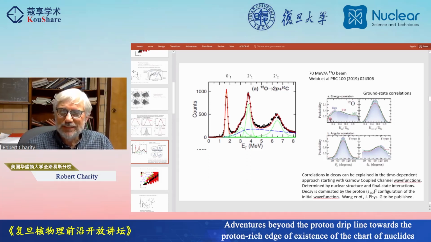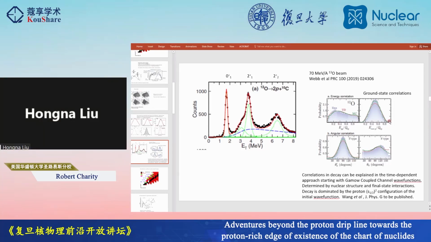In Simon Wang's calculations with the coupled channel model, basically what gets out are the s1/2 protons, because the p-wave protons have an extra centrifugal barrier which stops them coming out. So the distribution you see is the distribution you expect for emitting 2 s-wave protons.